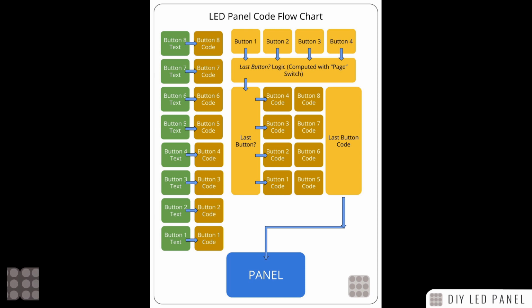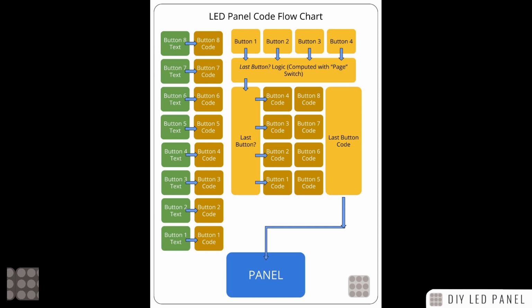Pretty much on the LED panel we have 4 buttons and a switch. Depending on which side the switch is on, the buttons will do different things. So in the code we interpret the buttons as 8 different buttons, and I'll show you what I mean in a moment.